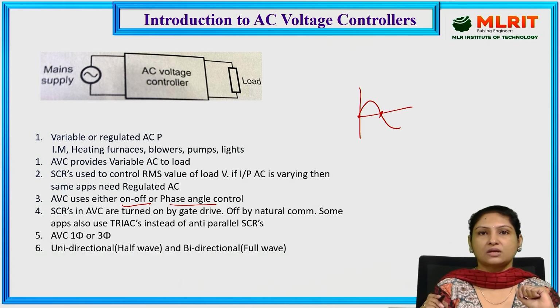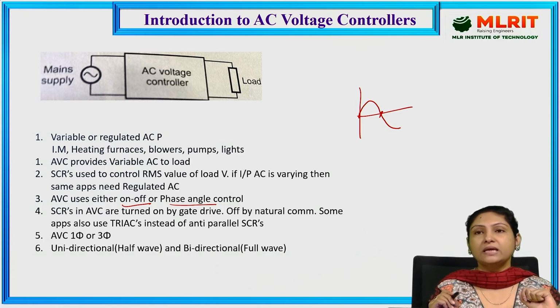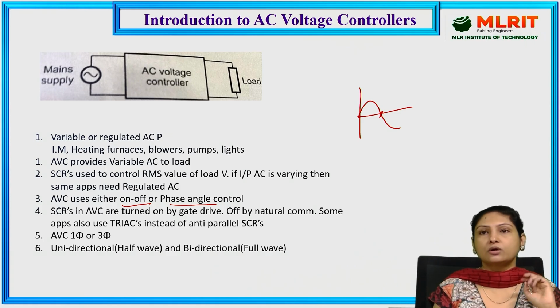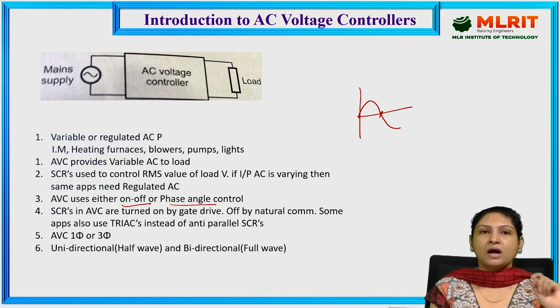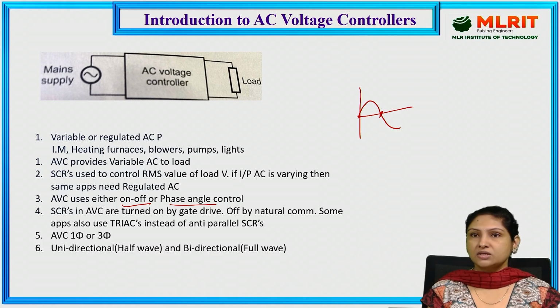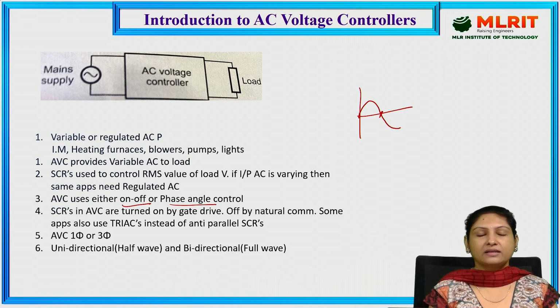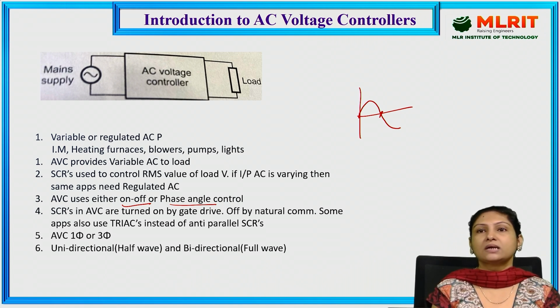That is called natural commutation. We don't need any external commutation circuits in order to turn off the SCRs over here. And in some applications, we can also make use of triacs instead of two anti-parallel SCRs. That is, we can replace the SCRs with triacs.